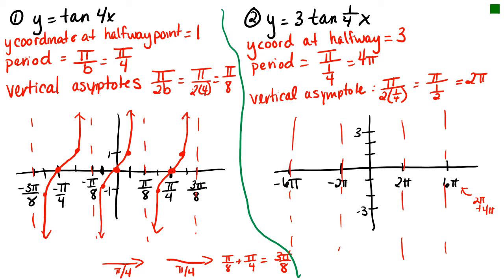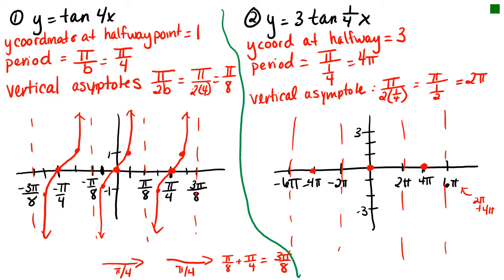My x-intercepts are going to be at 0, and then 4 pi and -4 pi.